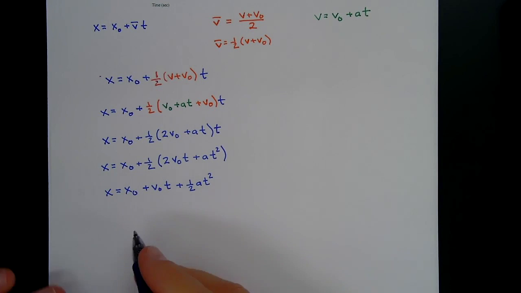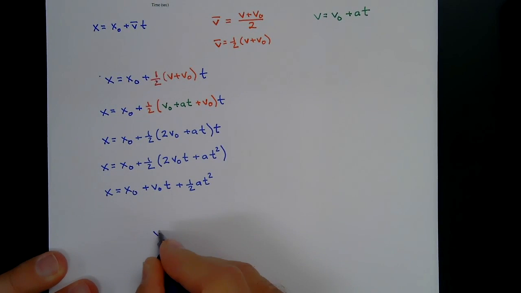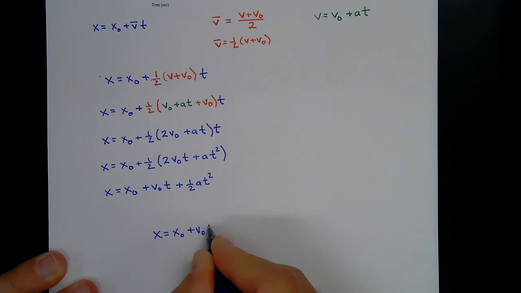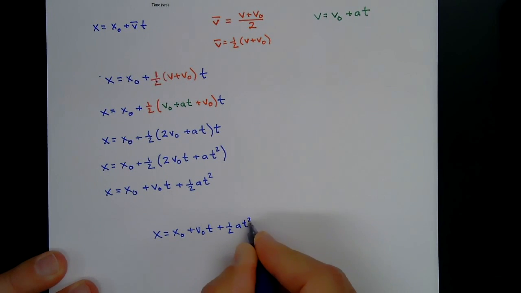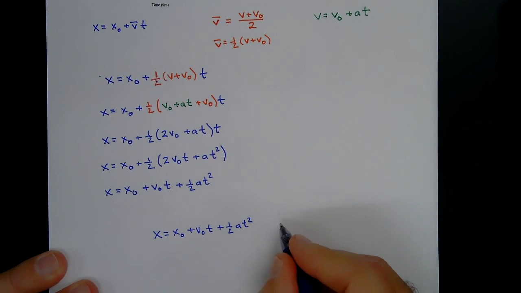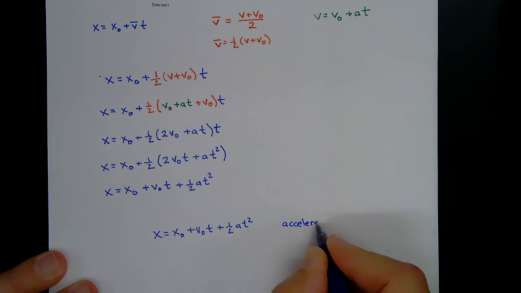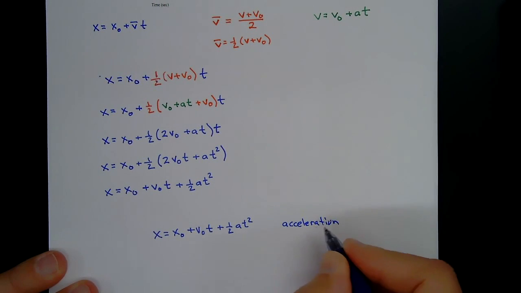All right, so this is the equation x is equal to x sub o plus v sub o times t plus 1/2 at squared, okay? And this is important. The acceleration is constant. You can't use this if it's not.